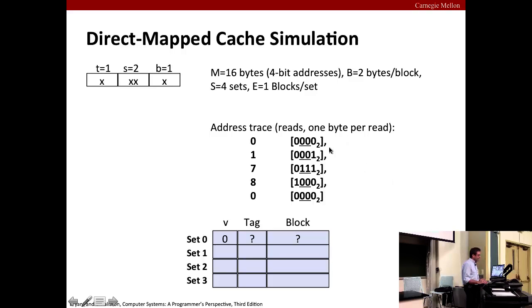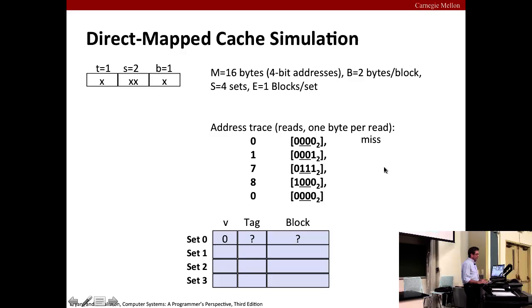And now the cache receives a request for the byte that's at address 0. So it extracts the set index bits, which in this case are 0, 0. So it's going to look in set 0, and since valid is 0, it's a miss. Okay.